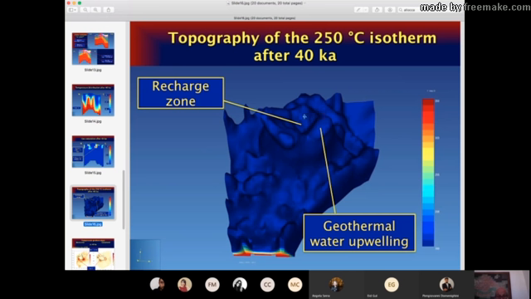And what you can see is that the recharge zone creates sort of an annulus of hot water, with the plume rising up. So this kind of rising cup of hot fluids is the Bagnore field on the southwest, and on the southeast, the Piancastagnaio field.